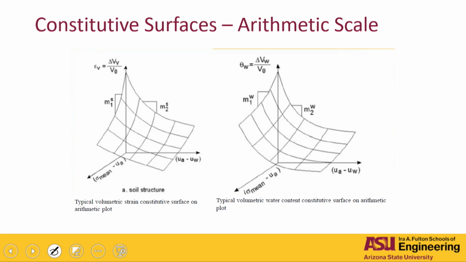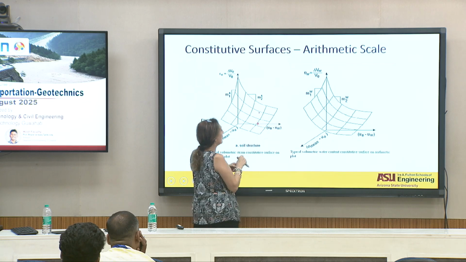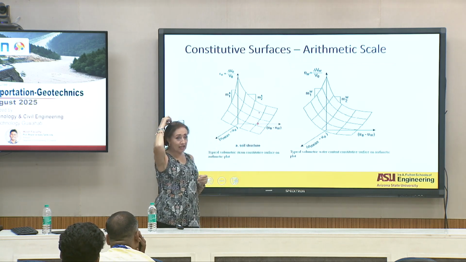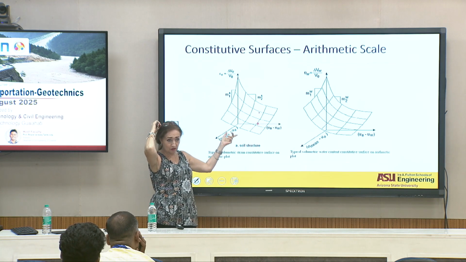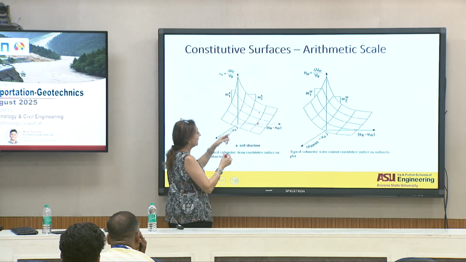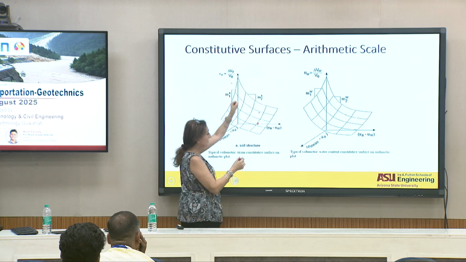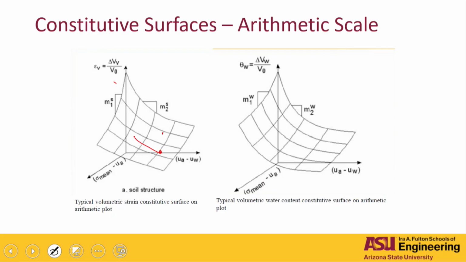You are at a place right here, at zero volumetric change, and then you decrease your suction, which is putting water into the soil. If the expansive soil behaves the same as these compressible soils, then it will follow this line as well, and you're going to see the change in volume due to the expansivity of that.